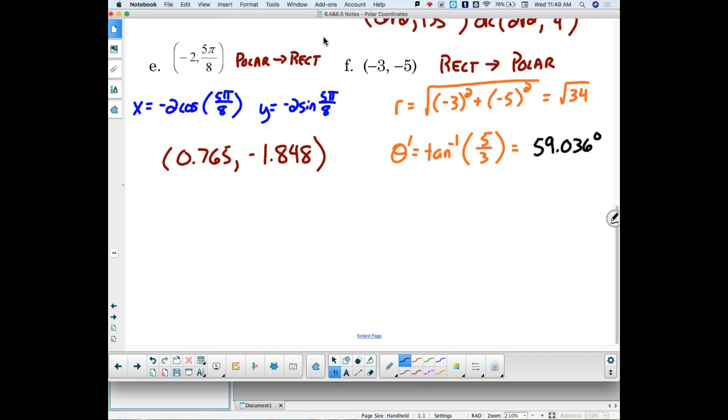Which quadrant am I in? I'm in quadrant number 3. So that means what? Add 180 to it. So theta is going to be what? 239.036 degrees.